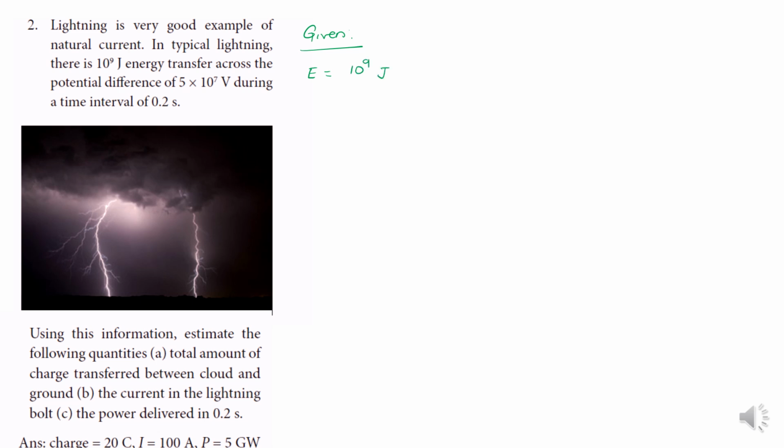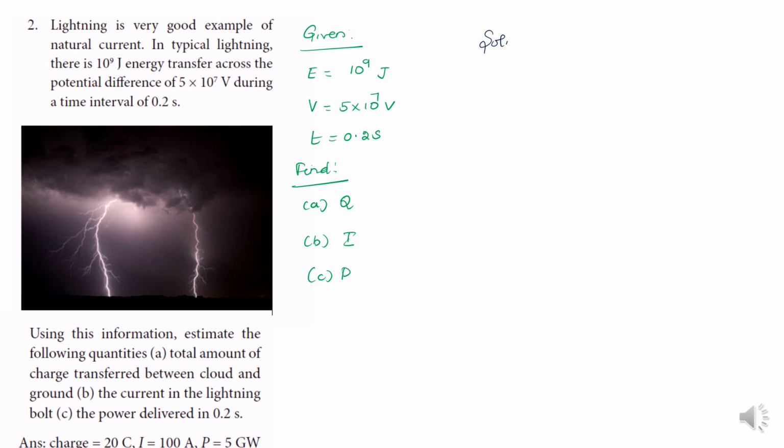The potential difference V is equal to 5 into 10 power 7 volt. And time interval is given as 0.2 seconds. You are asked to find A. Total amount of charge transferred, B. current in the lightning bolt, and C. power delivered in 0.2 seconds. Okay. So we'll go for the solution.